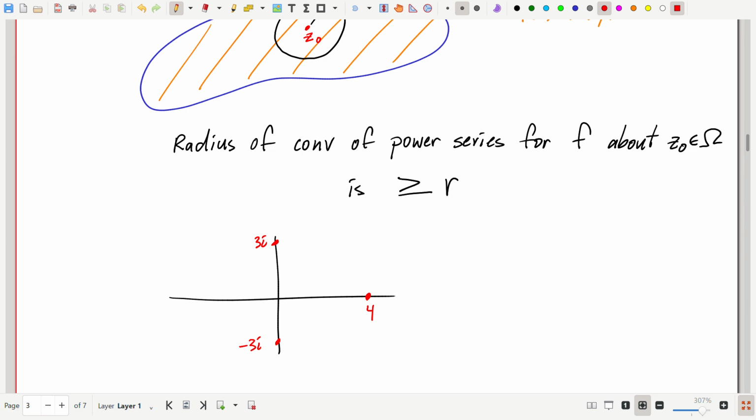The biggest circle is clear: I can stretch out a circle until it just touches those two spots.